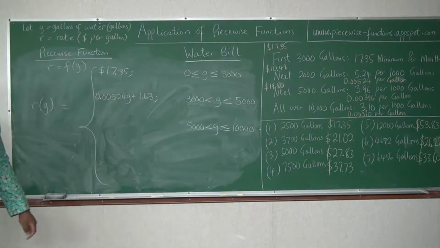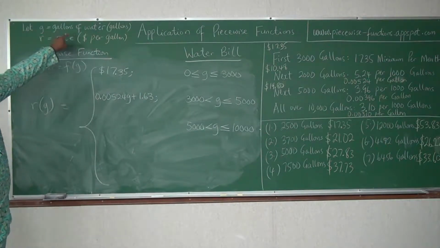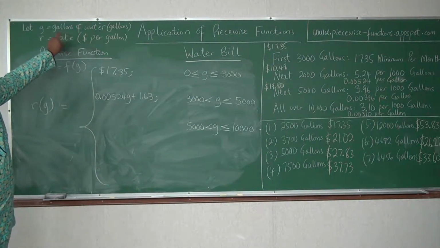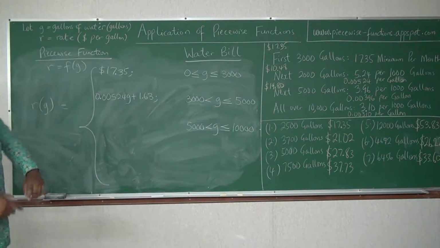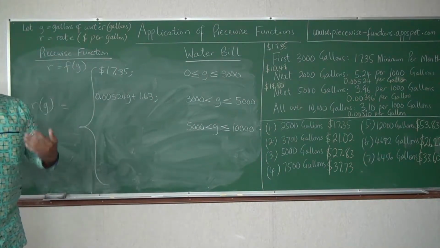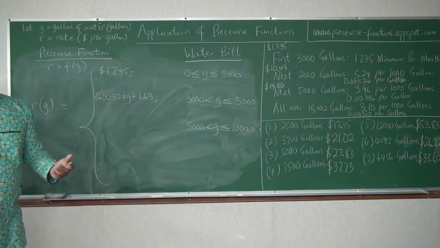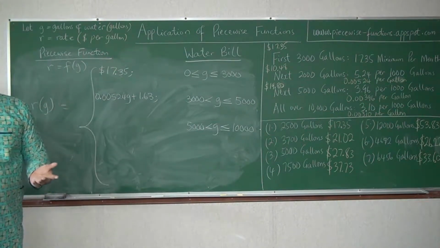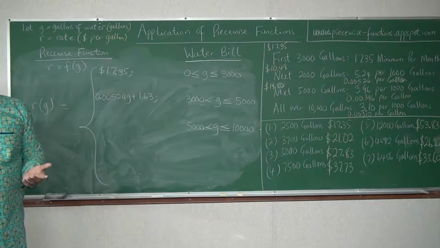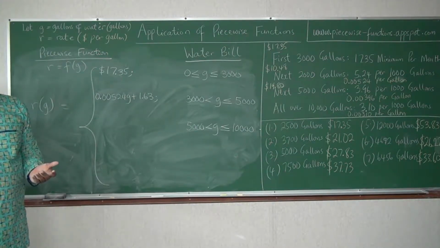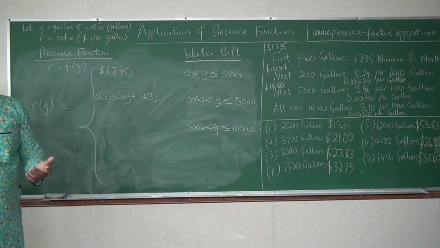Now remember, I started this video with define your variables. This is very important. Do not presume that your professor knows what G is and what R is. Some other person might use R for water, or D for dollar, or WR for water rate.